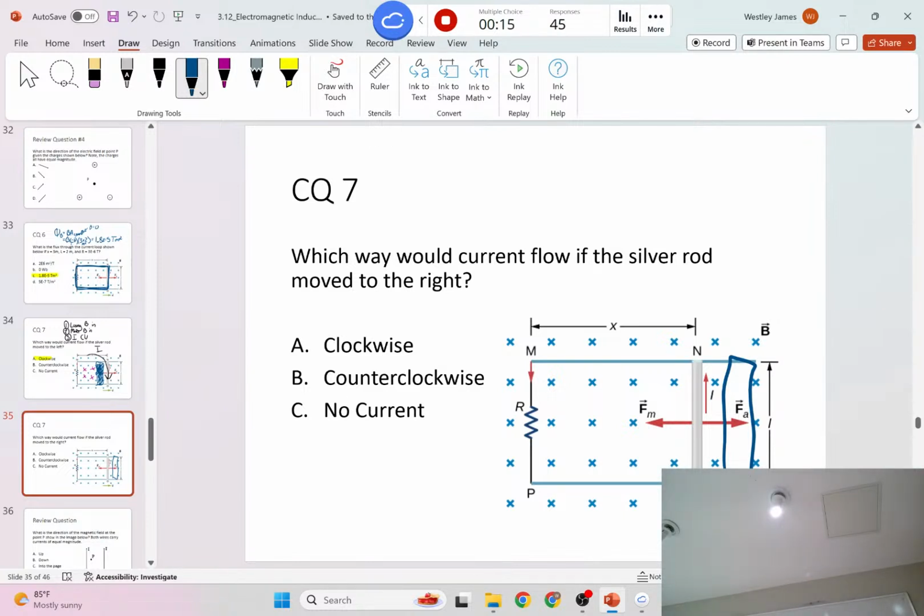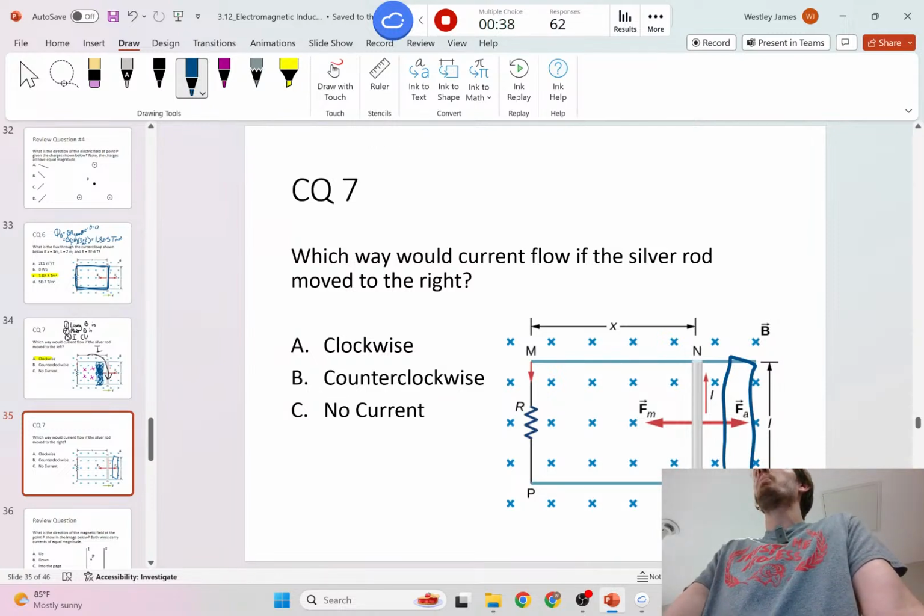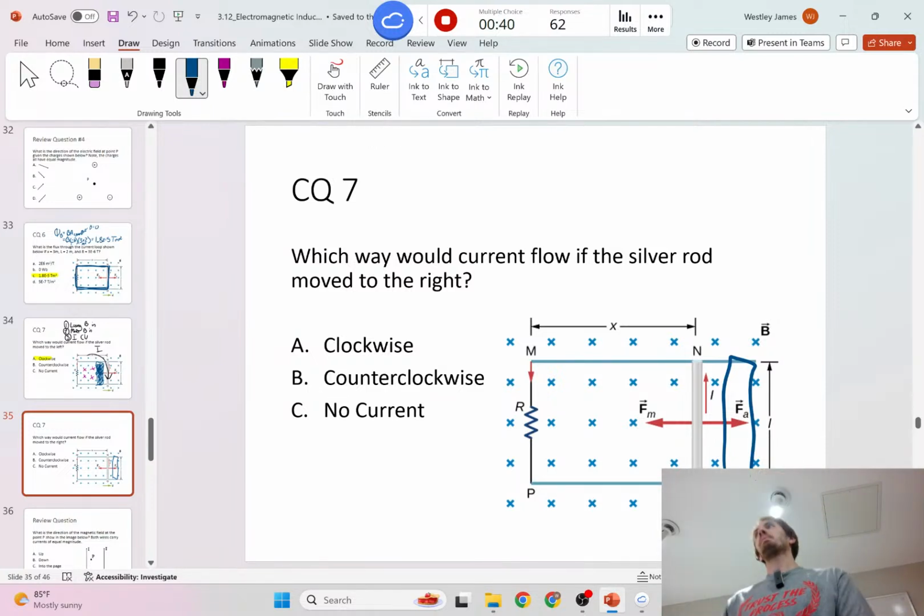The great news is if you hear me saying this broken record stuff and you're like, I get it, why do you keep repeating it? That's awesome, because this is traditionally quite tricky for a lot of people. This whole 3-step process, figuring out which way current flows, is traditionally one of the trickier things to understand. So that's why I'm spending so much time on it. That's why I'm repeating.